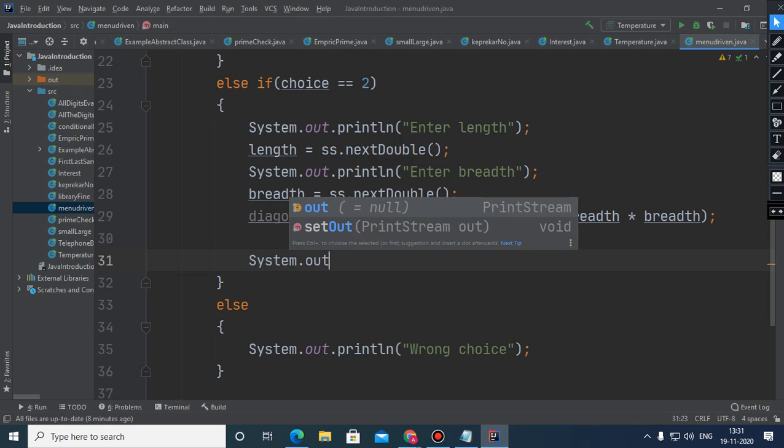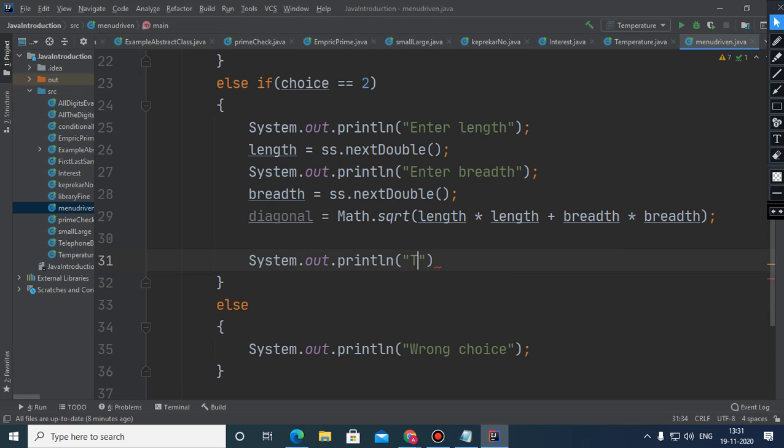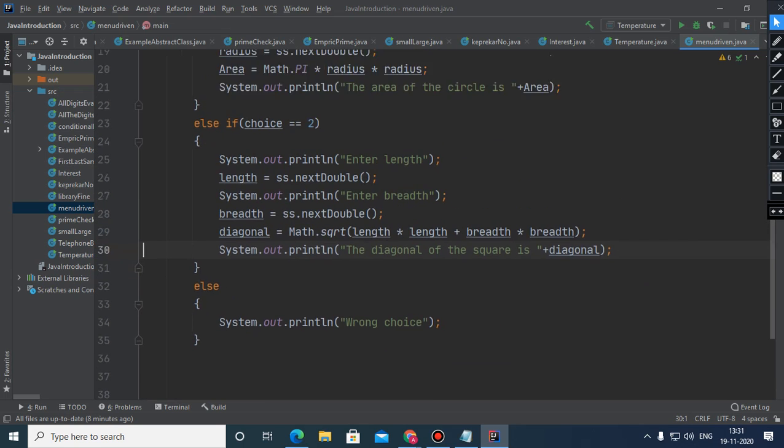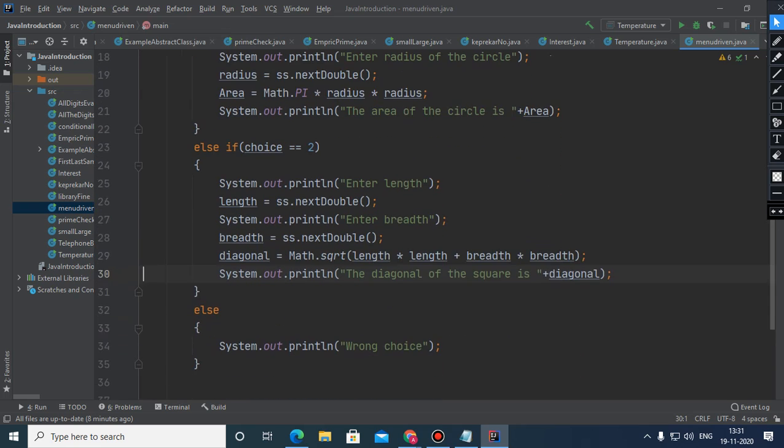And here print the diagonal of the rectangle is diagonal. So this is how we have to apply.